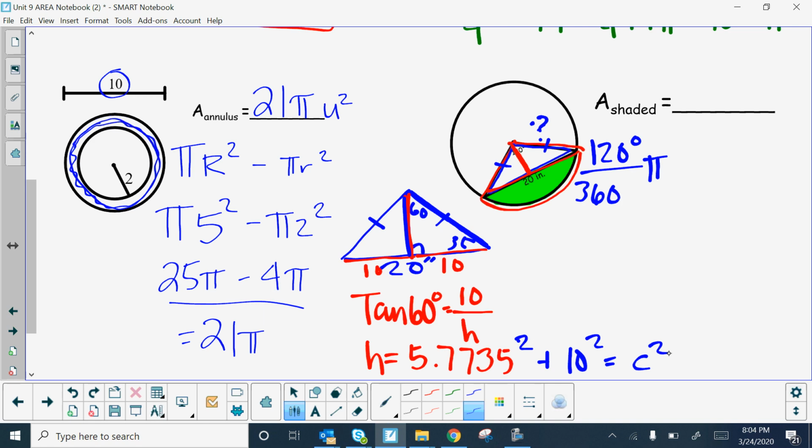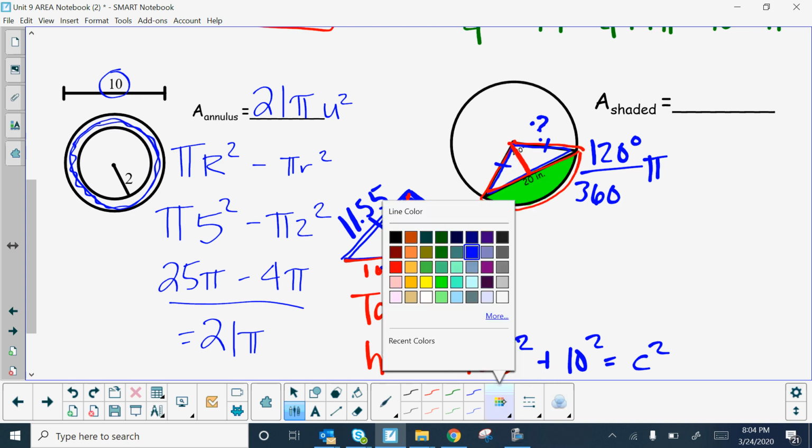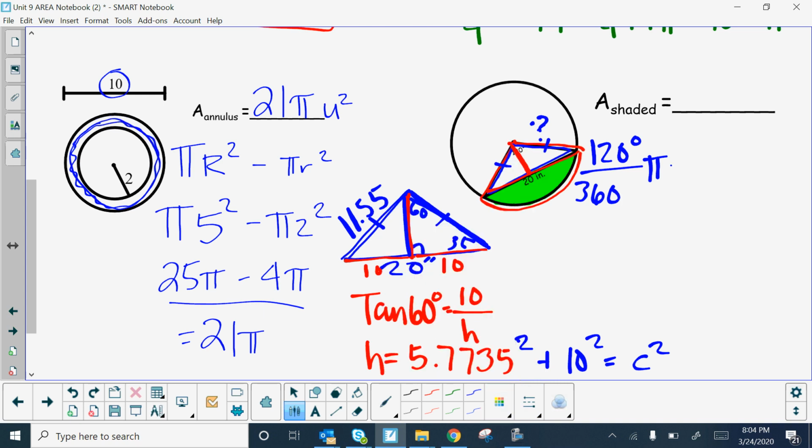So I just realized I need the radius, and the radius, or this length right here of this triangle, is 11.55. So the radius is 11.55, and again, that's just an estimate. So 11.55 squared, and then I have to subtract the area of the triangle.